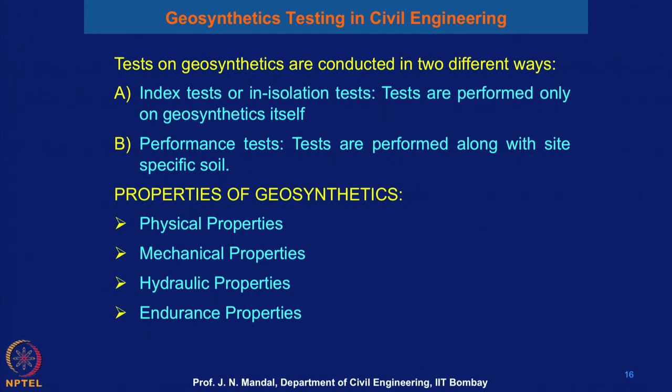If we perform the test on the geosynthetic material along with the site-specific soil, you can obtain different values with respect to the index or in-isolation test. It is true that if you sometimes perform some of the tests with the site-specific soil, then you can have much more realistic values.